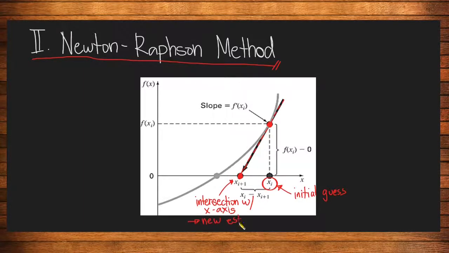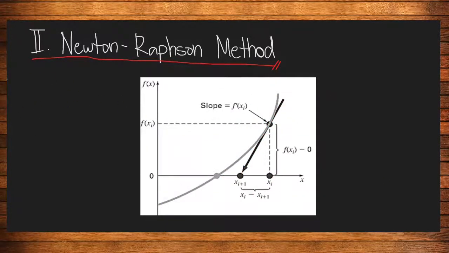Ito naman yung gagamitin natin for our next iteration. The next estimate, x sub i plus 2, is the intersection of the tangent line to f of x at the point x sub i plus 1, f of x sub i plus 1, with the x-axis, and so on. As we can see in our graph here, the method converges quickly towards our true solution.